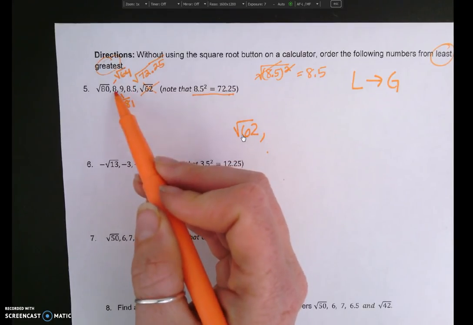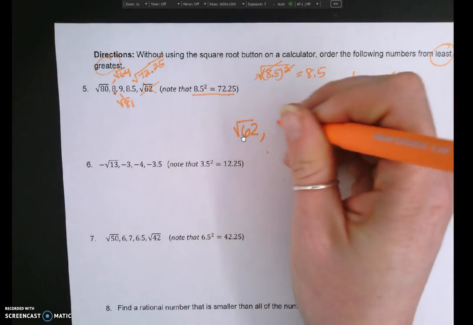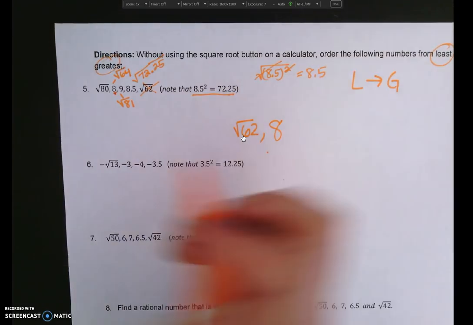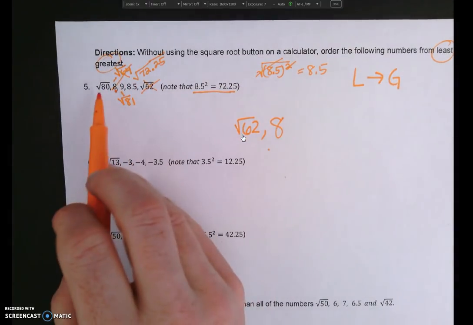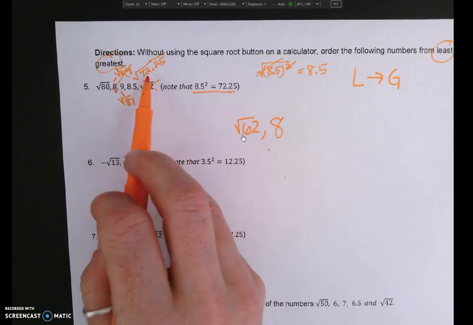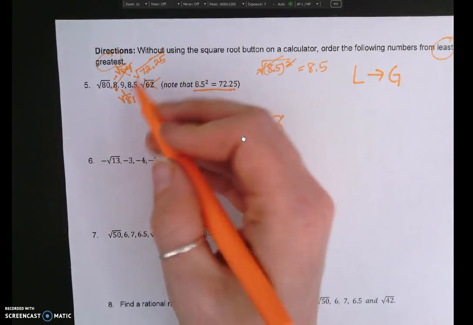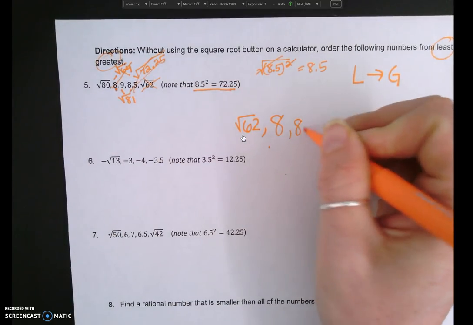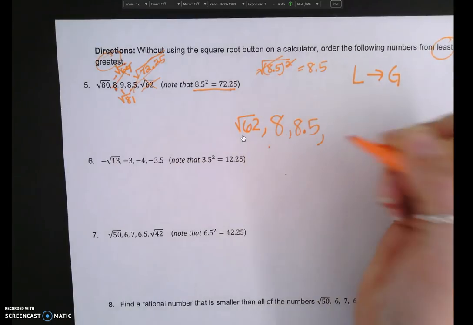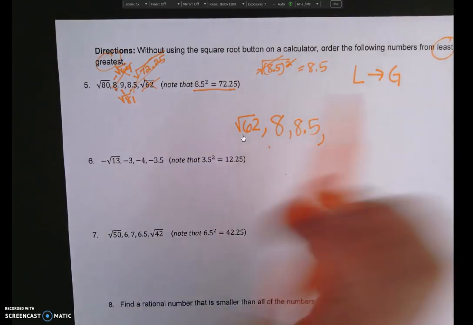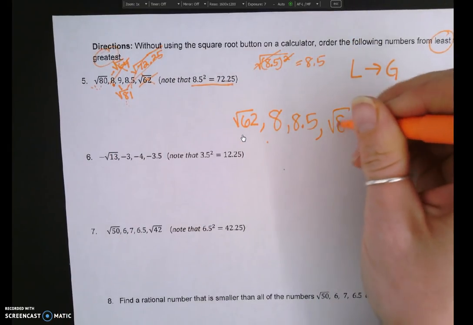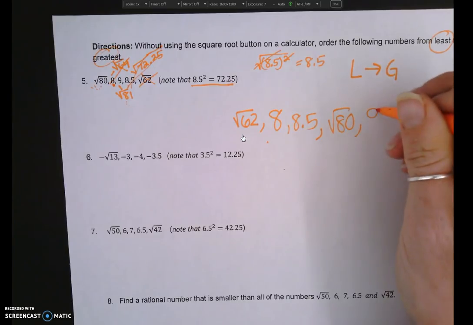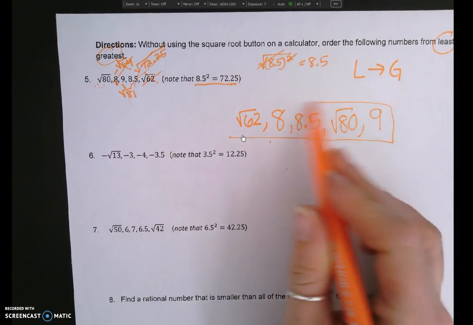Because I was given 8 as the number, I always want to list my numbers in the form I was given to them. Okay, so that number's gone. What's bigger? 80, 81, 72.25, which was 8.5. That makes sense. 8 is less than 8.5. That's good. Reasonableness. Which one's smaller? Because we're going least to greatest. Radical 80. And ending with 9. So there's my final answer.